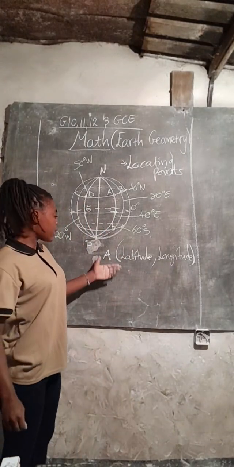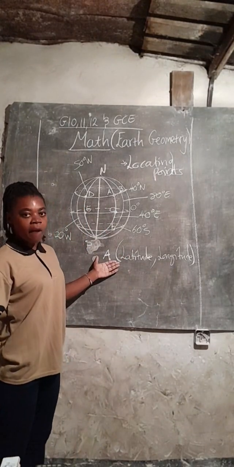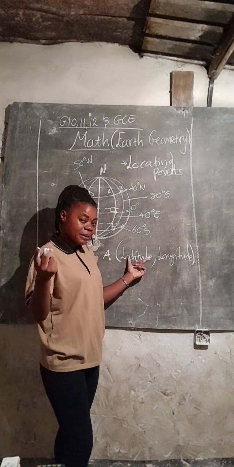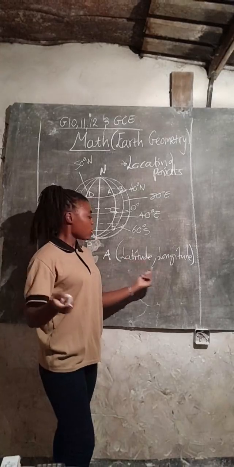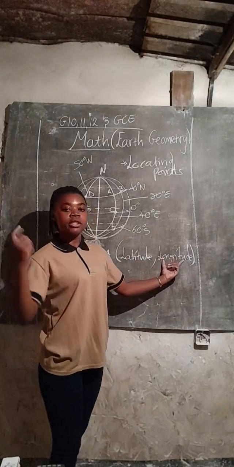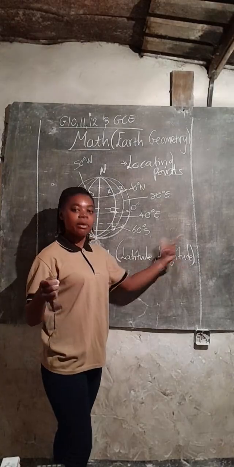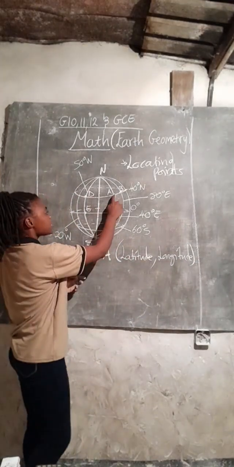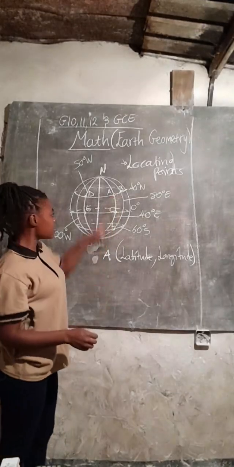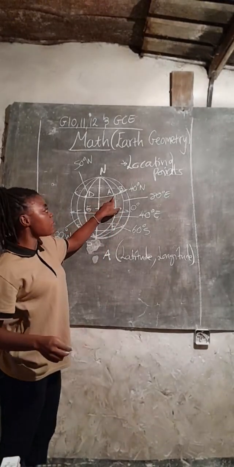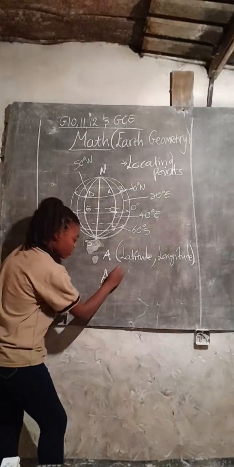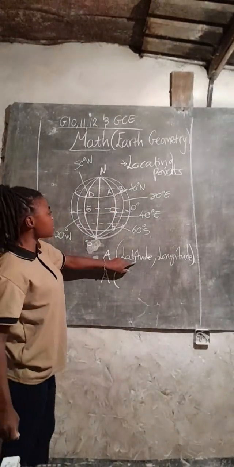So if I were to locate point A, I'll find on which latitude it is. Then I'll write the figure, comma, on which longitude point A is at. Then I'll write the figure. So what do we mean? When you look at point A, it is this point that we have here, right? So in the exam, if they say locate point A, we'll say A, open bracket, it's on which latitude?